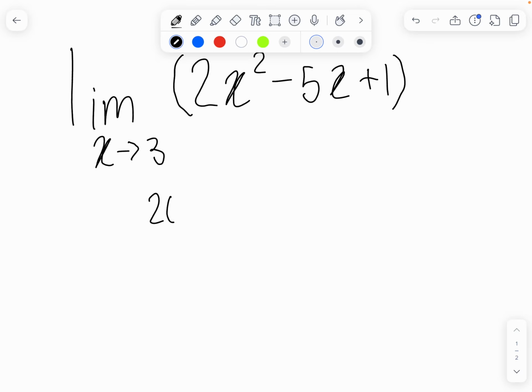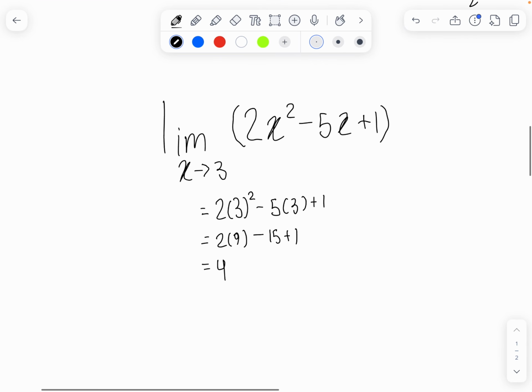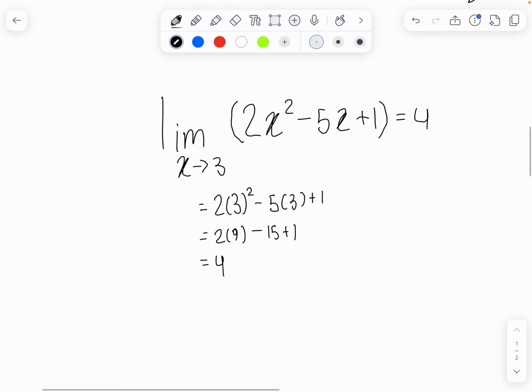So substituting that value in, we get 4. The limit as x approaches 3 of 2x squared minus 5x plus 1 is 4.